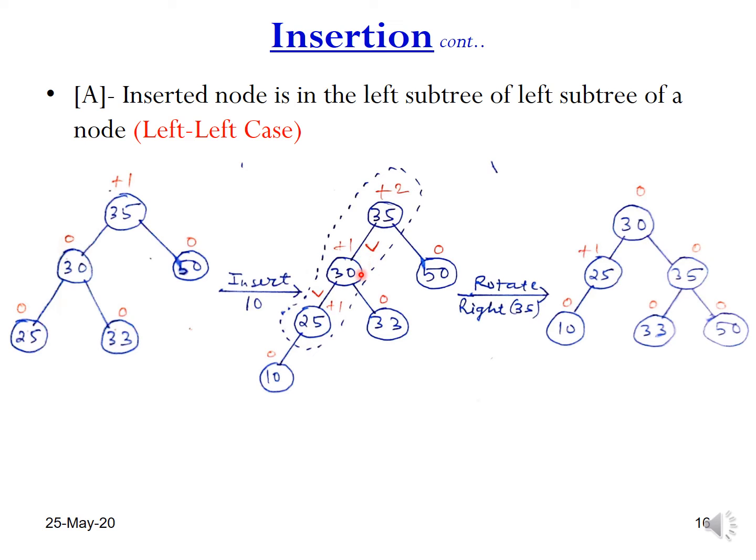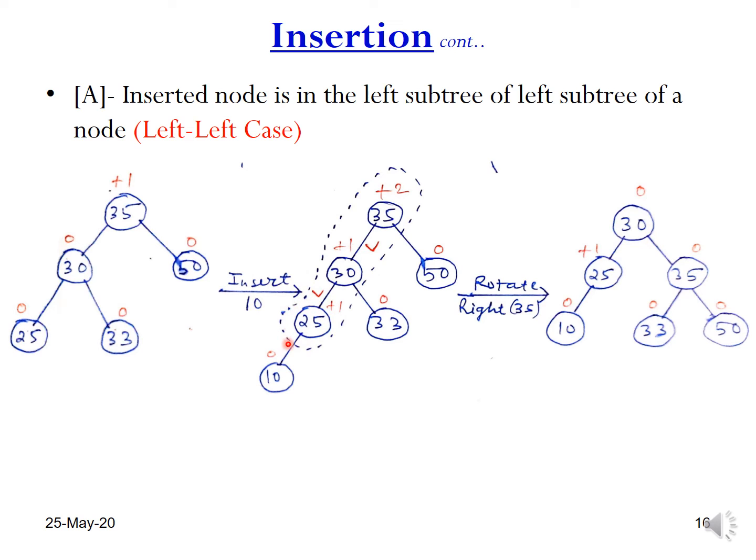One important thing: we only consider the node having balance factor plus 2 and the two nodes below it on the path, so we consider these three nodes, 35, 30 and 25.